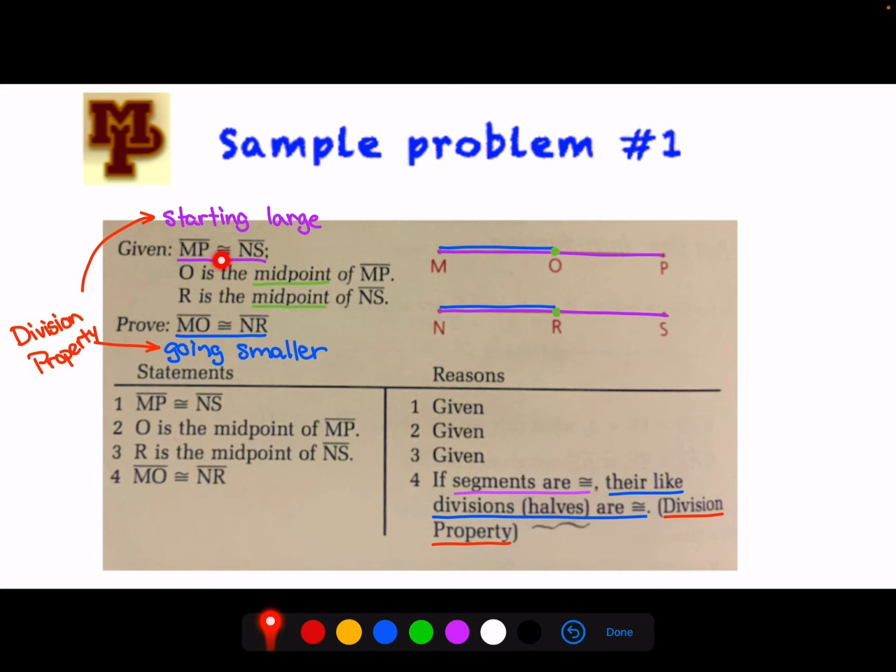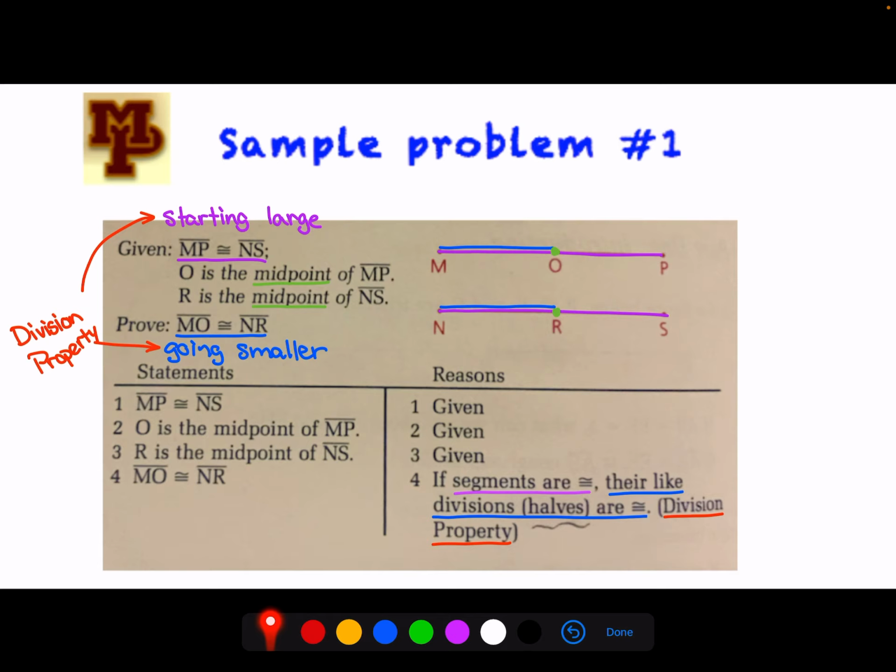Given MP is congruent to NS, O is the midpoint of MP, R is the midpoint of NS, prove that MO is congruent to NR. So first things first, I see the word midpoint written twice. That means that we're going to use our multiplication or division property. Now, they give us that MP is congruent to NS, the whole segments here.